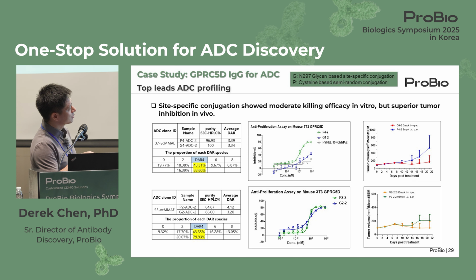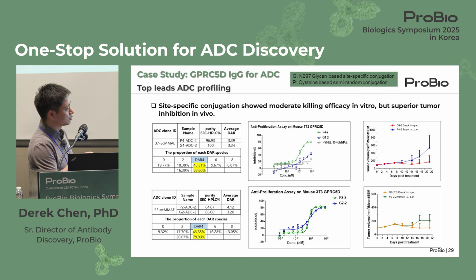And again, in the cell-based assays, we see these two drugs showed similar efficacies. However, the semi-random conjugated samples show a little bit better Emax, but a little bit higher EC50s.